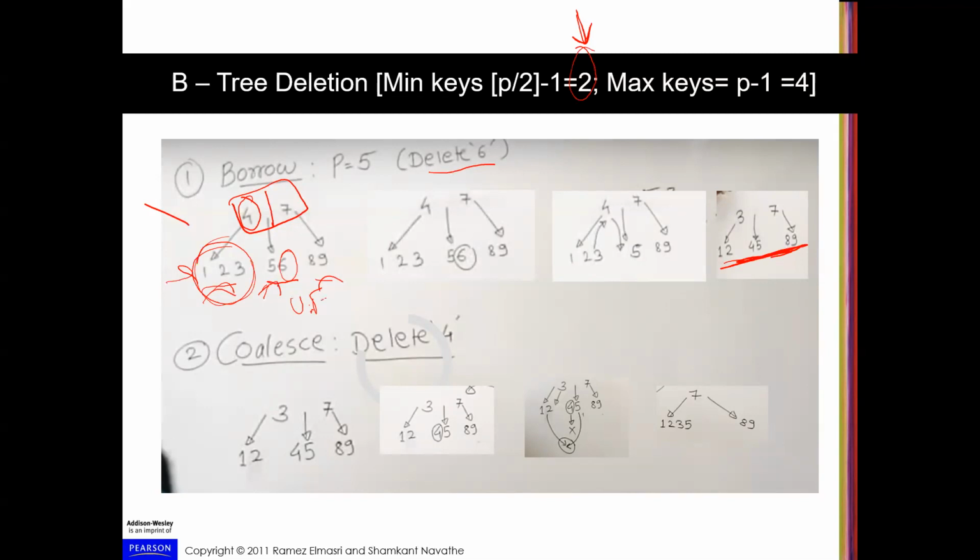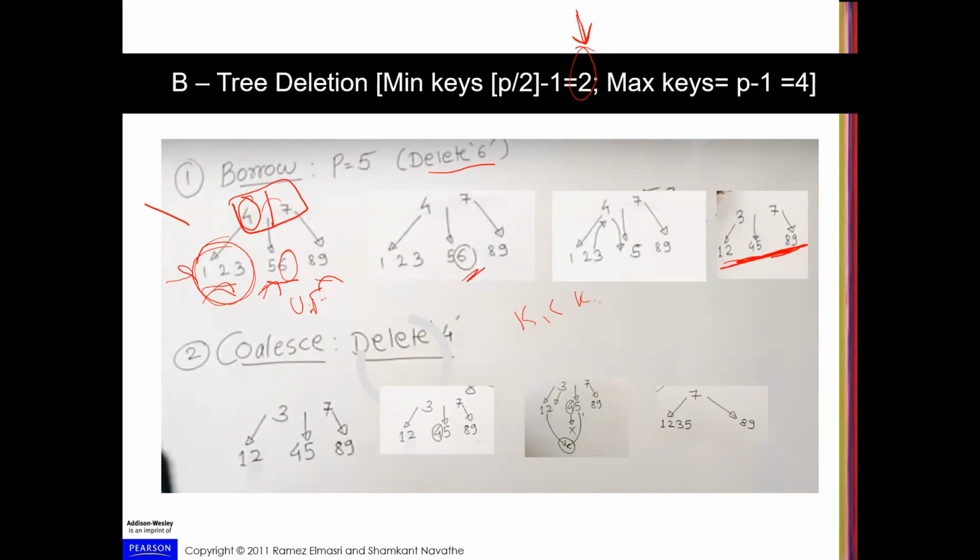We have to do this adjustment so that we follow the properties of the B tree, which says K1 should be less than K2, less than K3, and the trees should follow the range condition, wherein the left subtree should be less than the root, the middle tree should be between the range, and the right should be greater than the root.